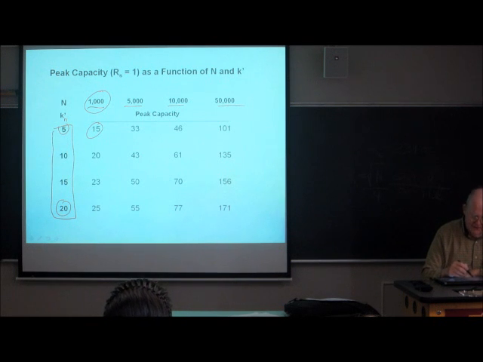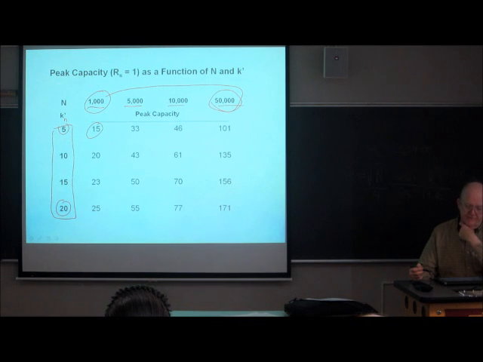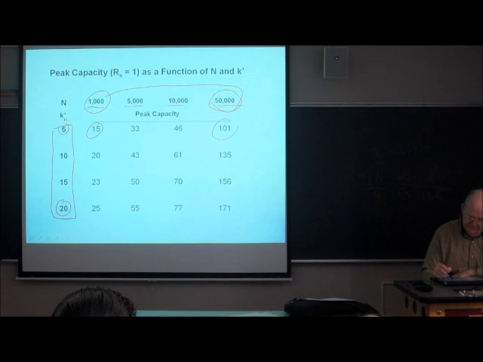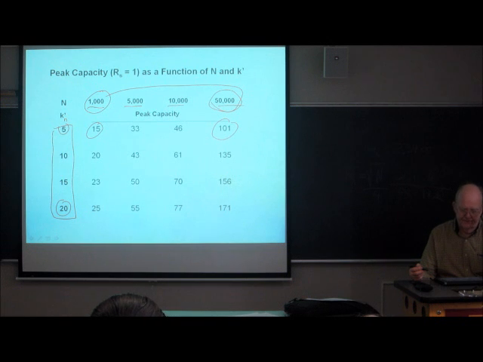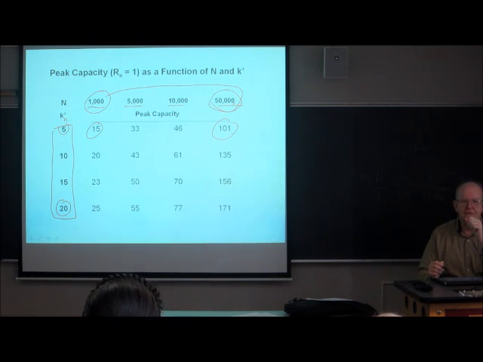If you increase your plate count up to 50,000, a 50-fold increase, at the same K prime N, you get about a 6-fold increase in your peak capacity. Factor of 50, factor of 6. The square root is not the most favorable relationship in the world.